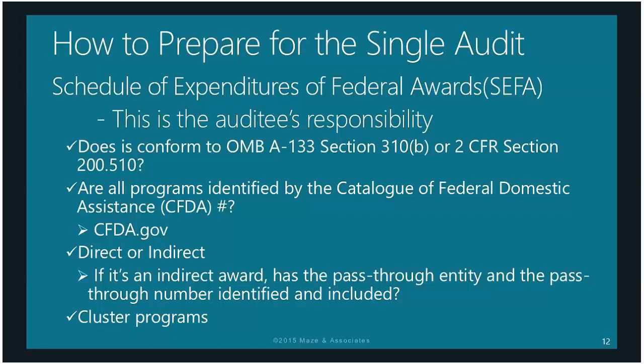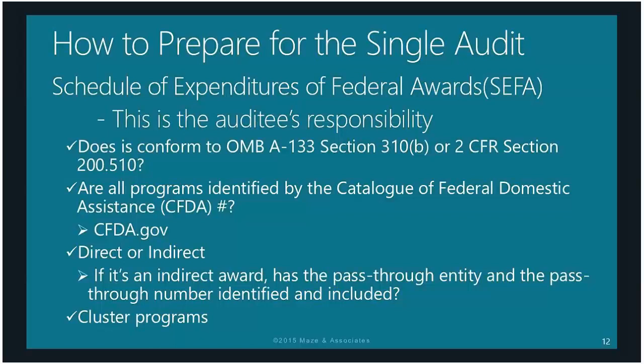And another thing to consider are your cluster programs. If you're not familiar with a cluster program, it's a grouping of closely related programs that share common program requirements. Just for example, some of you may be familiar with the Department of Transportation Highway Planning and Construction Program, CFDA 20.205.